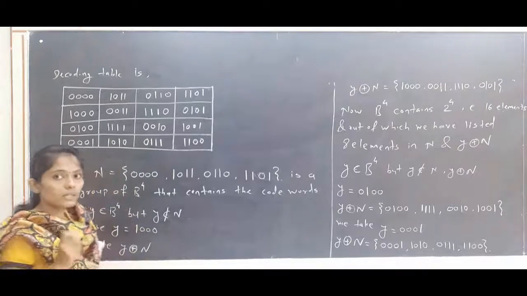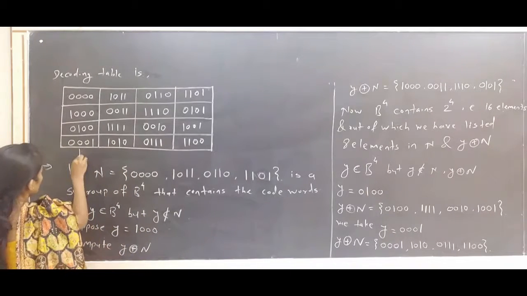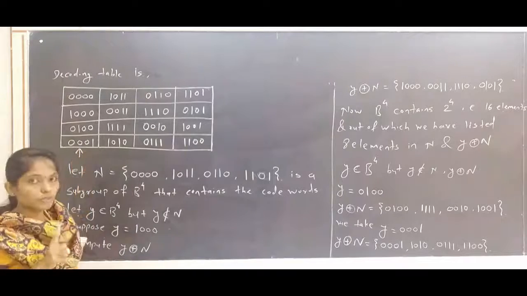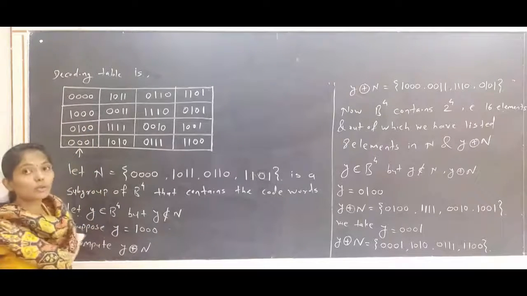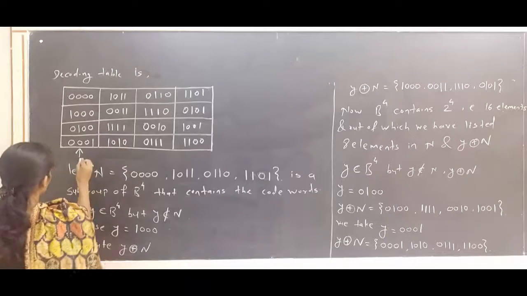Now see here, in this decoding table, the first column, or first element of every row, is called the coset leader.